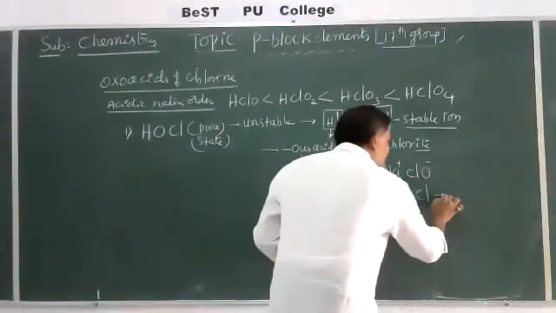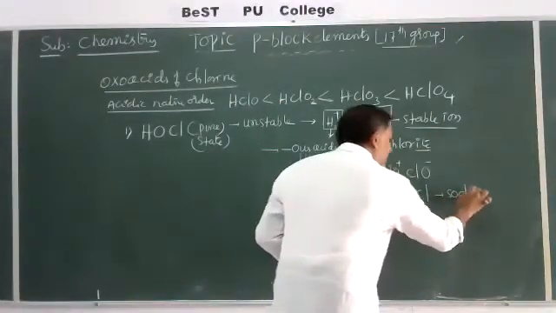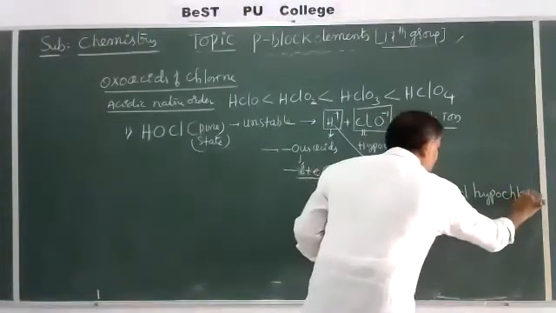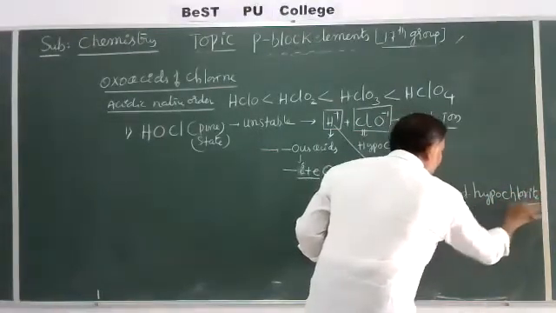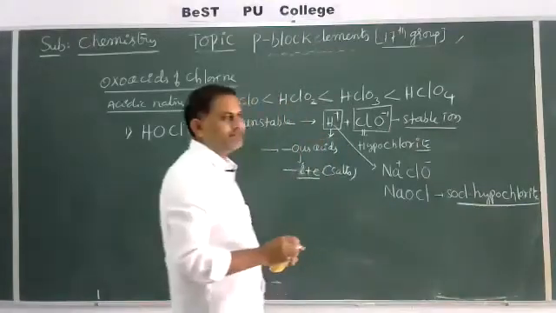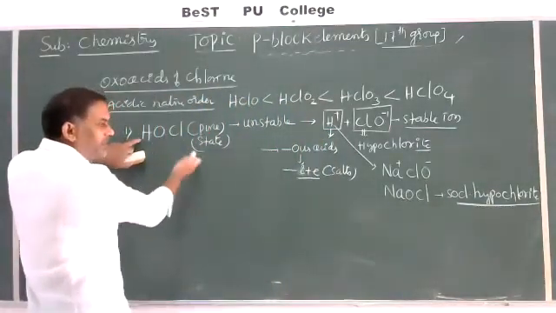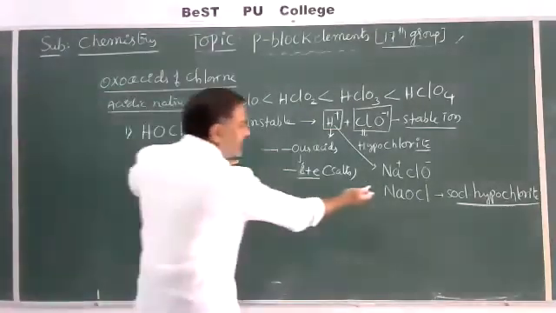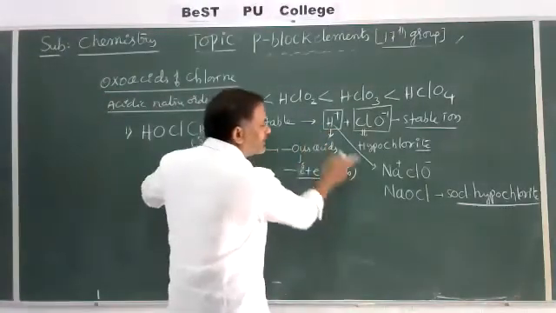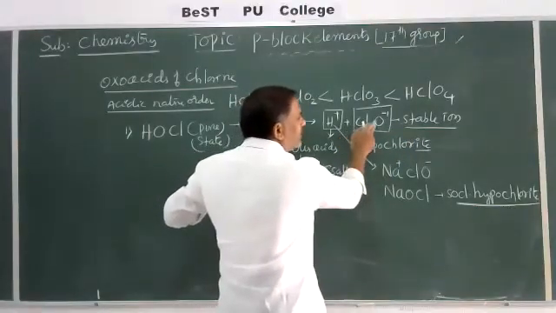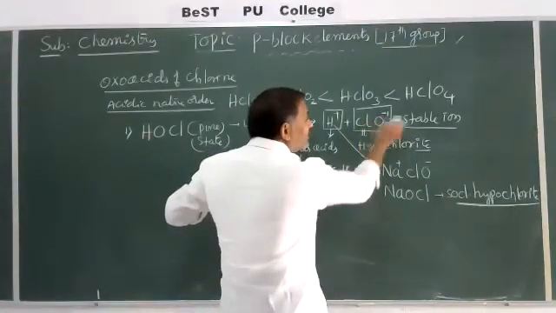This is called sodium hypochlorite. Very, very important. Now HOCl is unstable in pure state. When it is reacted with certain salts, it gives corresponding stable salts, with the stable ion ClO minus.